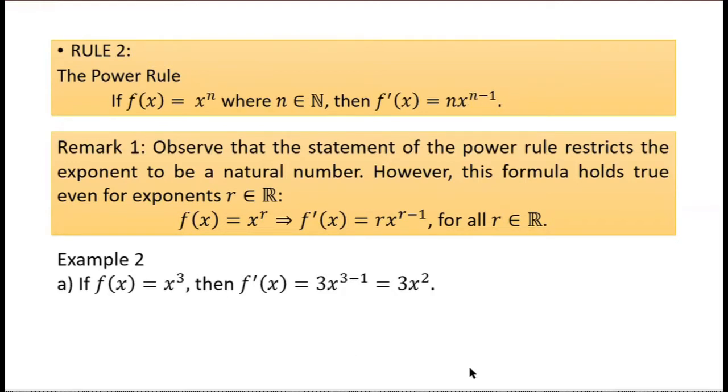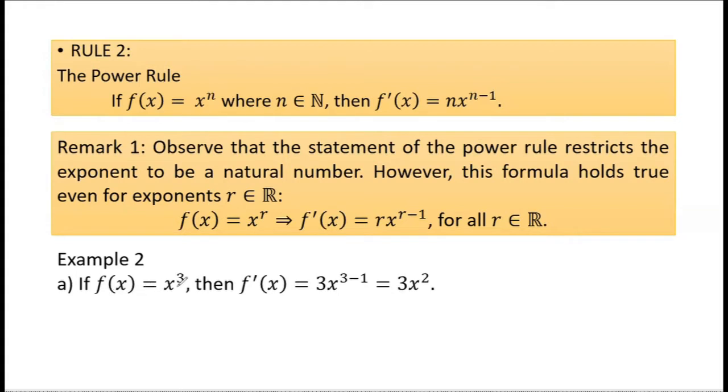Obserbahan mo ang ginagawa sa kanyang exponent. Minus 1 sa exponent, then yung original na exponent niya ay bababa lang, magiging coefficient ng x. Di ba mas madali yung ganong rule? Hindi ka na pupunta sa definition of derivatives, kundi yung power rule lang gamitin mo, mas madali mo na makukuha yung kanyang derivative.